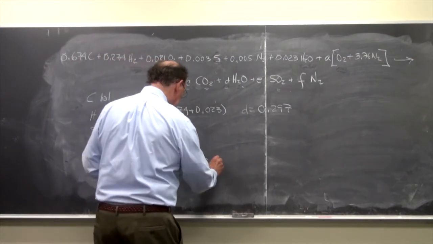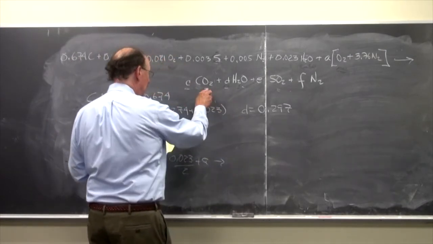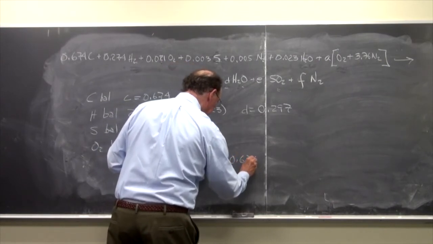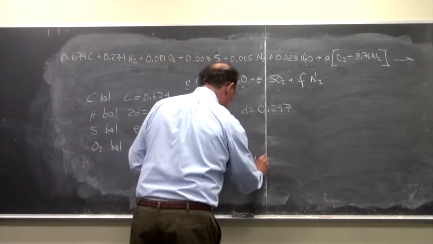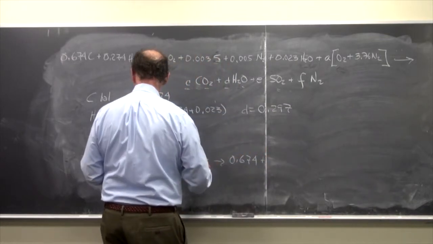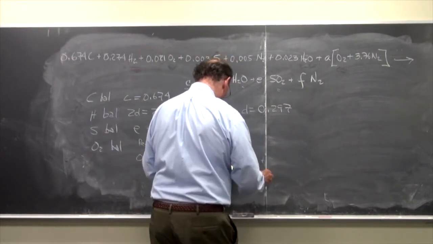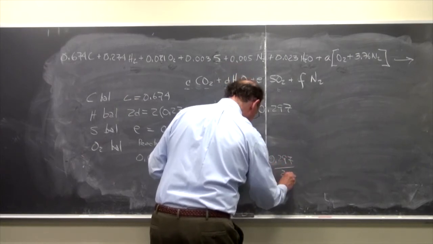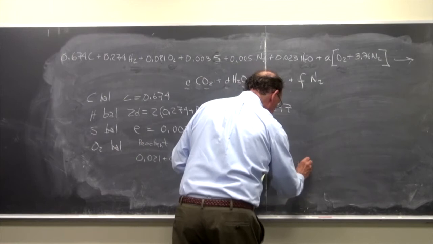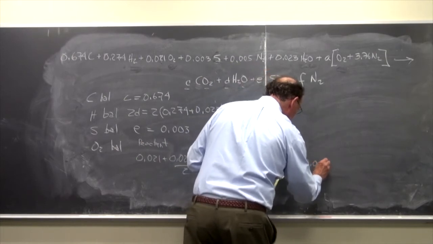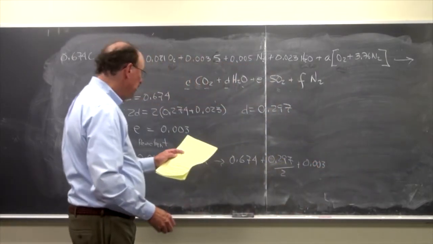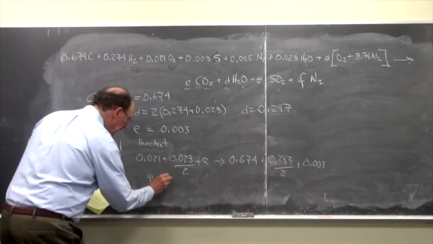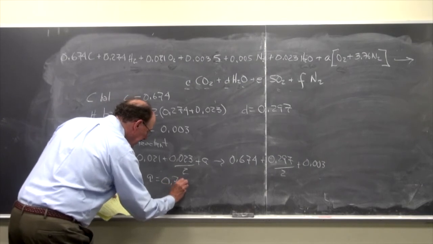And on the product side, I have C, which is 0.674, plus, for the water, 0.297 over 2, and for the sulfur, 0.003. So then A is equal to 0.792.